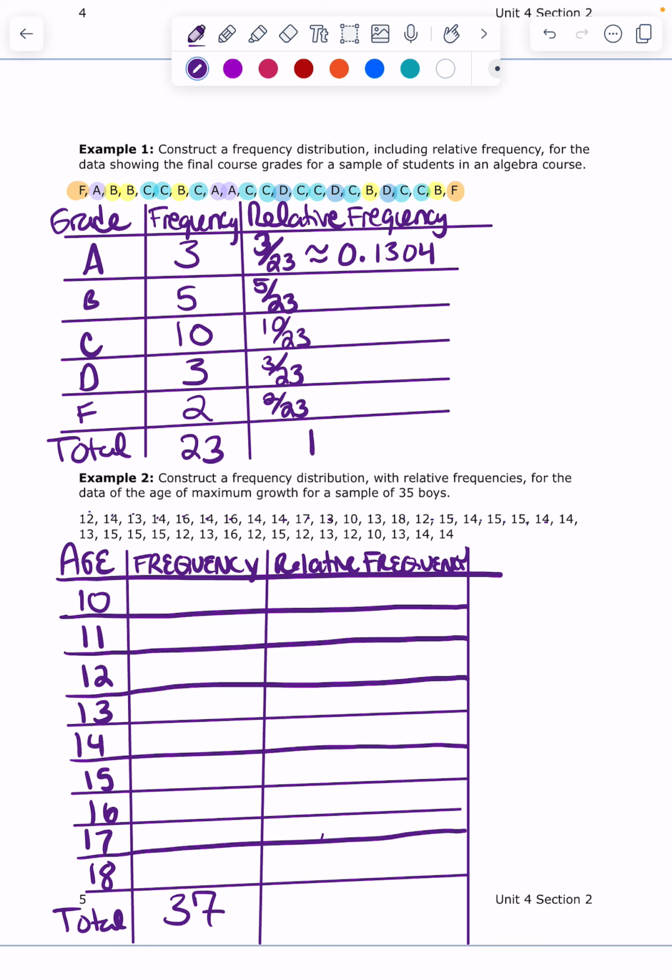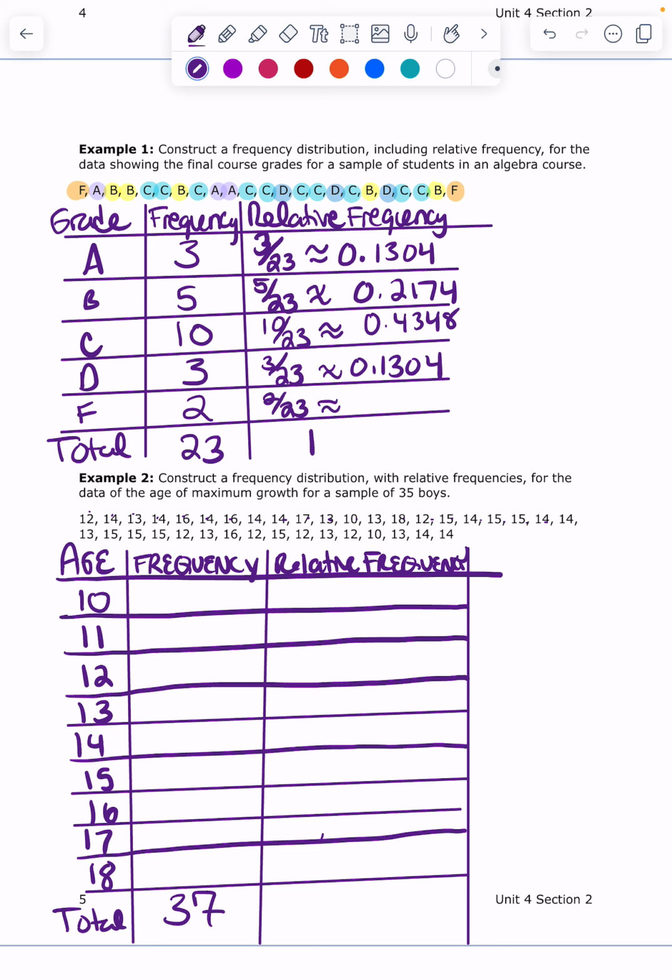There were a lot more digits, but 4 is sufficient. And there's another one with 3 in it, so I can go ahead and put that one in. 5 divided by 23 is 0.2174, rounded to 4 decimal places. 10 divided by 23 is approximately 0.4348, rounded to 4 decimal places.